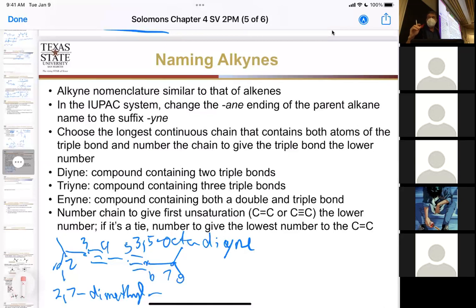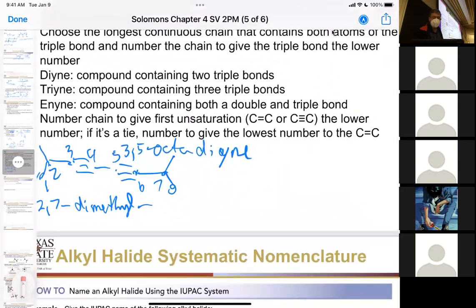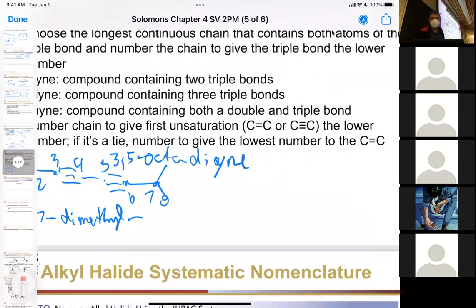Now there are opportunities where you can have a double bond and a triple bond in the same structure. Which one takes priority?